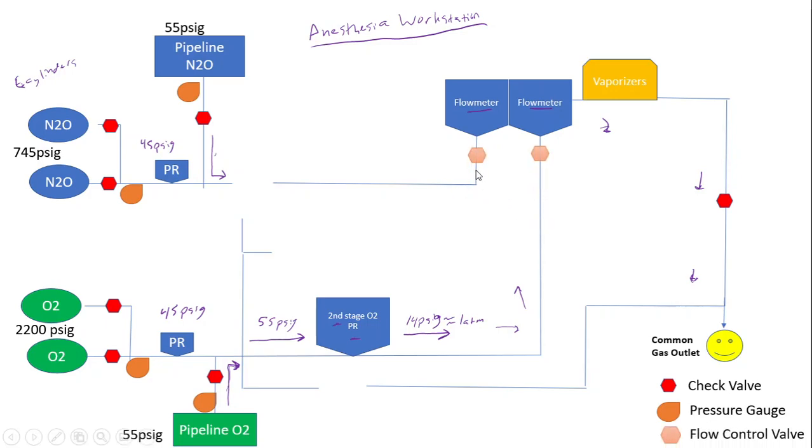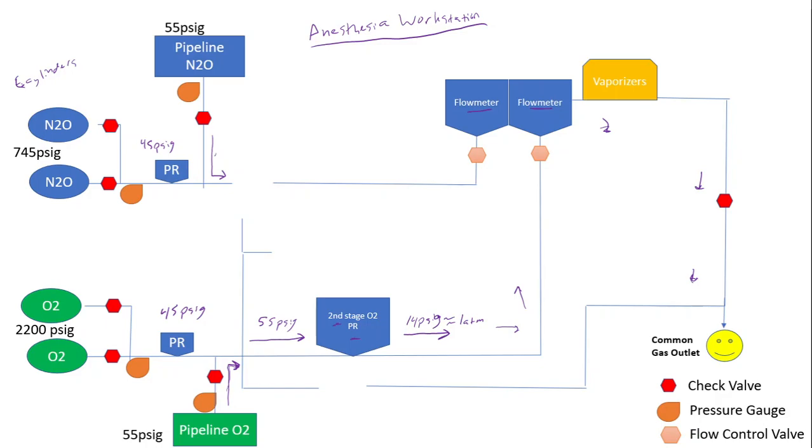So we have flow control valves that regulate how much oxygen. We can give 2 liters a minute of oxygen, we can give 8 liters a minute of oxygen, and we have to have a way of controlling that. So we have our flow control valves going through our flow meter, and as it makes its way towards the patient, we have our anesthetic gas that the fresh gas picks up and carries towards our patient.